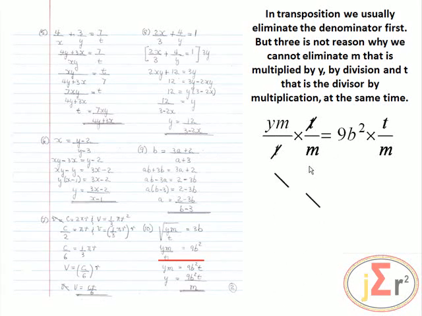T is gone and m is gone. Just multiply by a fraction that will eliminate the t and one that eliminates the m also, and do the same on the other side, being then multiplied by t over m. We have the t is gone, the m is gone, and we have times t over m. Y is alone on that left hand side, and we write 9b squared t over m, and that is what y is equal to.